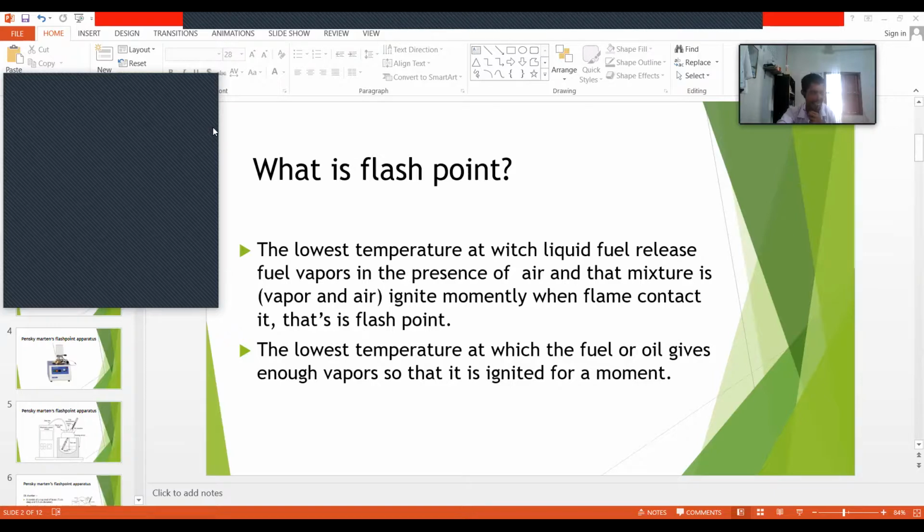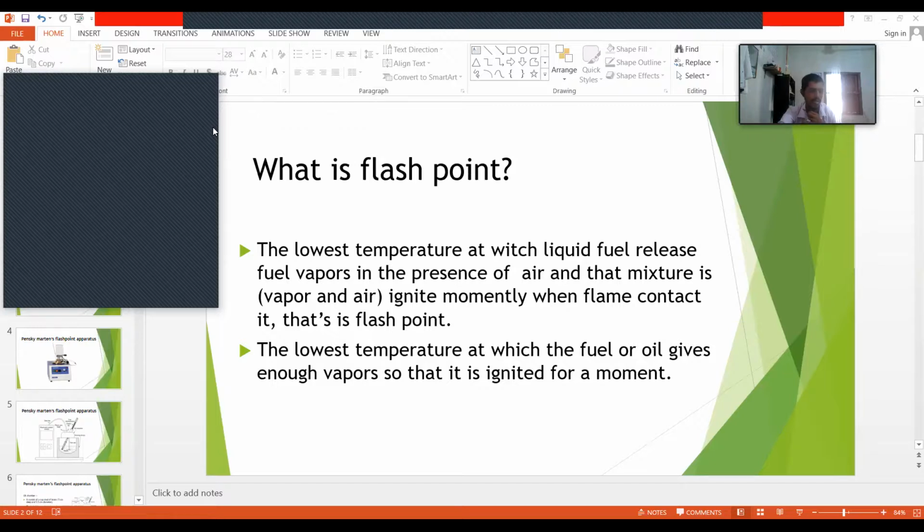Yeah, okay. Then it should be flammable fuels, right? Flammable liquids, because we are introducing a flame to find out the flash point. If it is not a flammable liquid, some oil can't be flamed. Some oil, we call it fuel oil, also can burn.